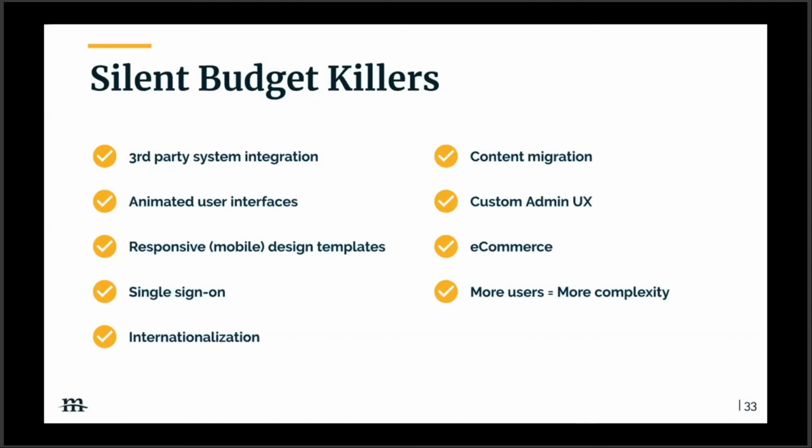Single sign-on is a good example. If you don't know what that is, we can cover that in Q&A, but there's a lot of sight unseen and dependencies there. So what should you do? Cross your fingers and hope? No. Build in some padding. Give yourself a 20% cushion on some of these items so that the money's there if you need it.